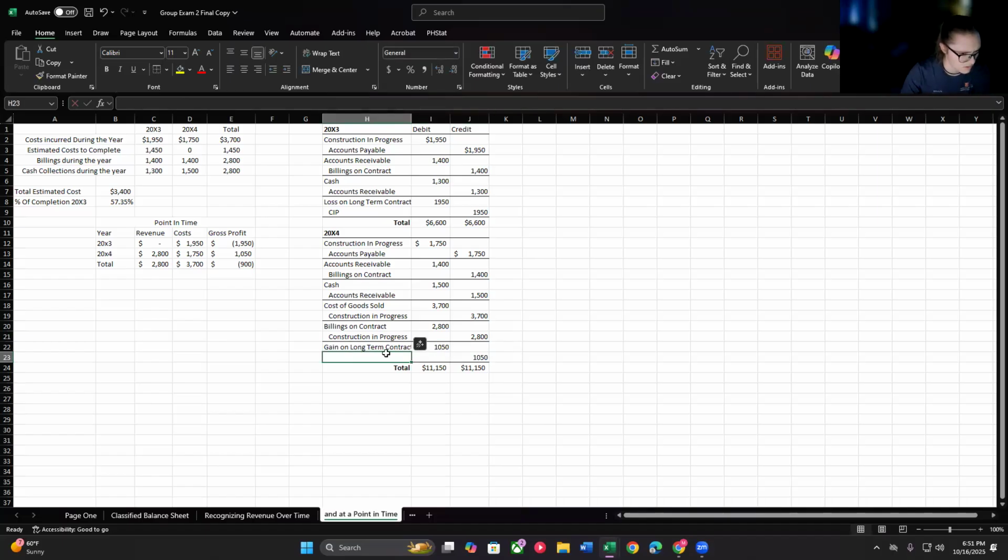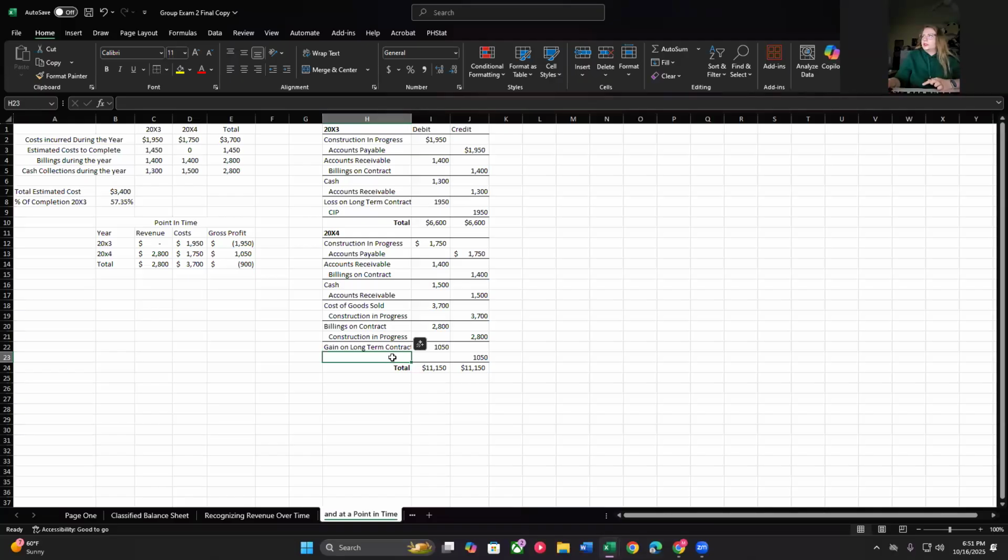What would be the other one? Construction in progress, I think, right? And just put it above before you close it out. Hang on, that's what I was thinking, but if you look at all the construction in progress ones, we have a debit. Is construction in progress a debit or a credit normally?